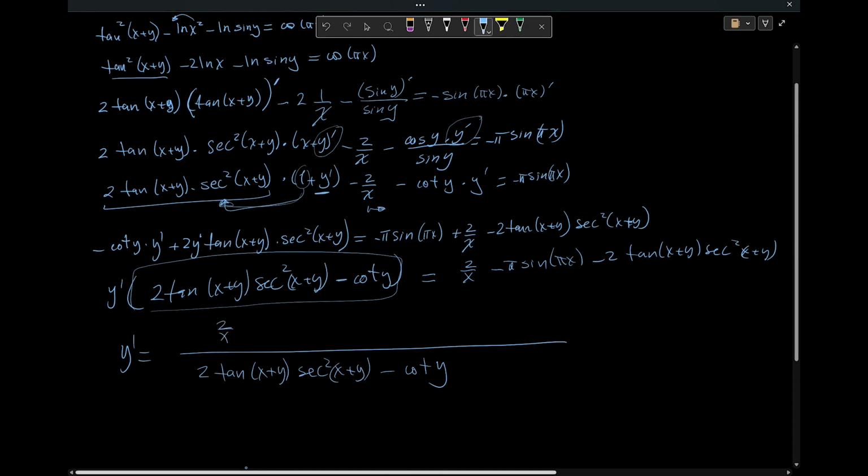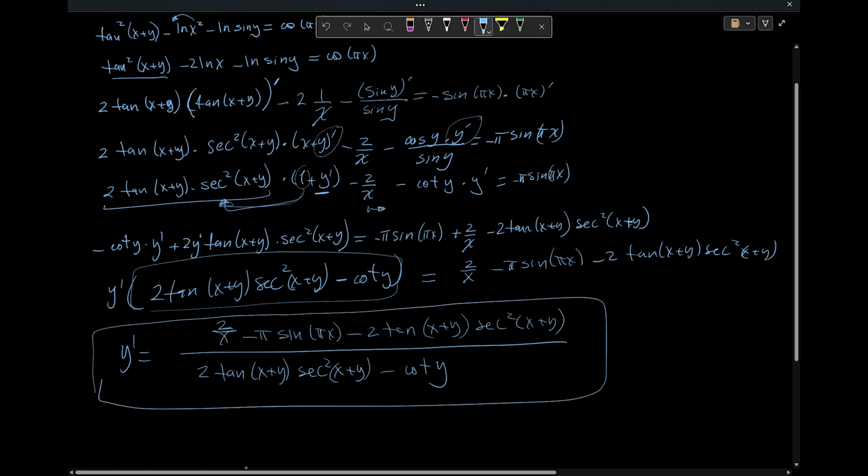And on top, I have 2 over x minus pi sine pi x minus 2 tangent of (x plus y) secant squared of (x plus y). There is your derivative. There's your y prime by implicit differentiation.